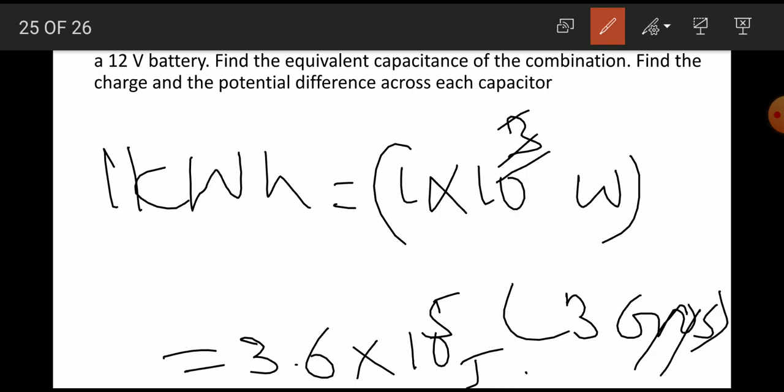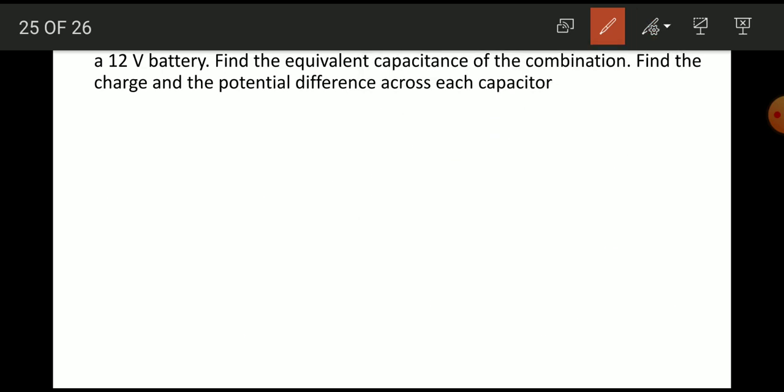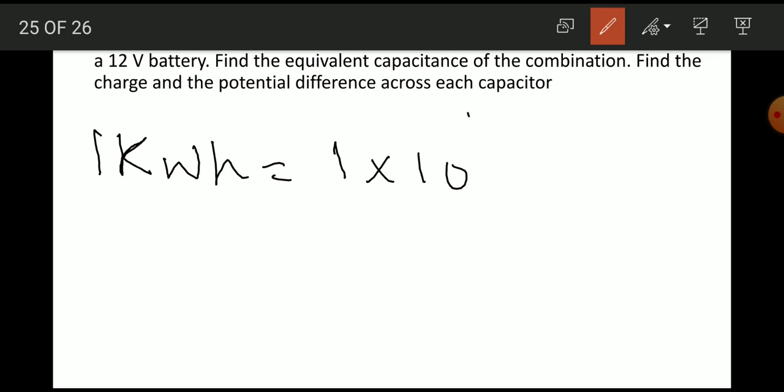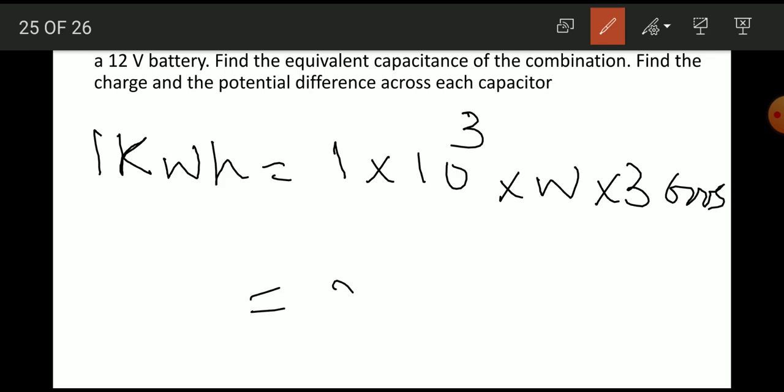I will do it again. 1 kilowatt hour is equal to 1 multiplied by 10 raised to power 3, kilo is a prefix, multiplied by watt multiplied by 3600 second. So you will get 3.6 cross 10 raised to power 6 joule.